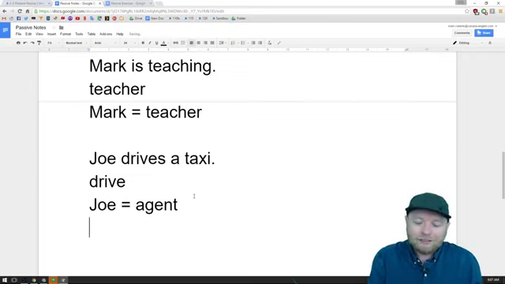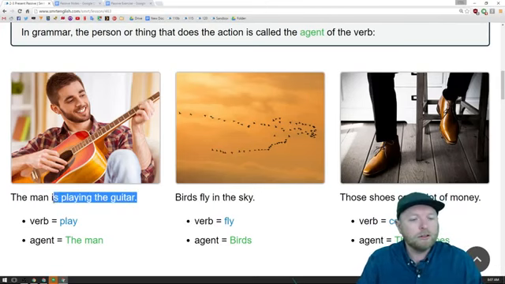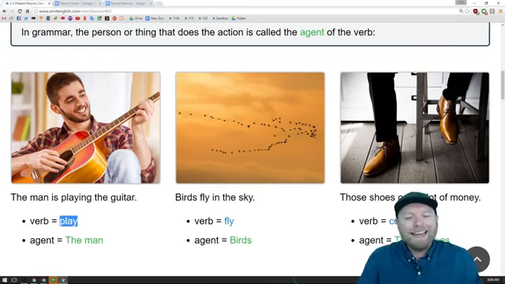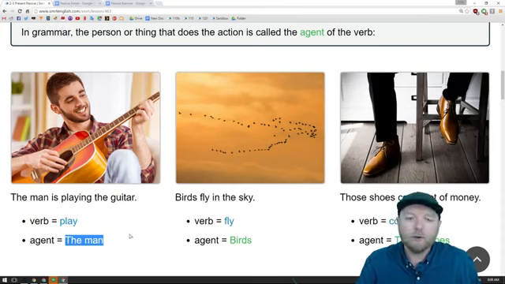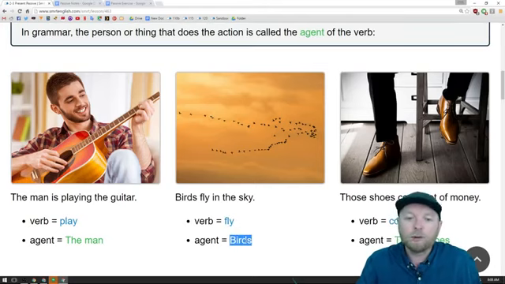Let's look at some more examples of what an agent is. Here, the man, whoops, that's a new computer, so a new problem. The man is playing the guitar. Of course, play is the verb and the man is the agent. Birds fly in the sky. Of course, fly is the verb and birds is the agent.